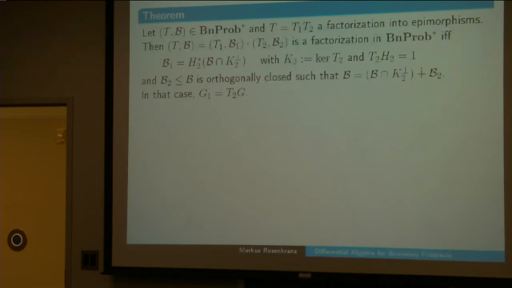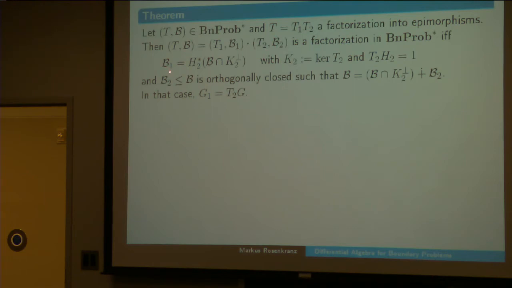And the second condition is that this must be a regular boundary problem again. So what is written here is equivalent to the fact that B2 must just be a direct summand of the kernel of T2, or its orthogonal must be a direct summand of the kernel of T2.